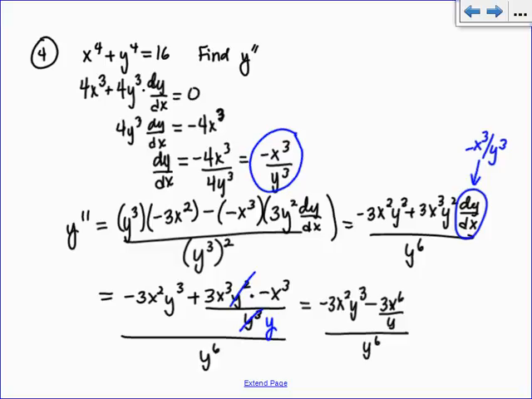And we still can't leave it like that. So any ideas? How do I get rid of that y that's on the denominator at the top? Yeah? What do you think, Elena? You could do y to the negative 1, but that's still really just a fraction within a fraction. Yeah, what do you think, Emma?